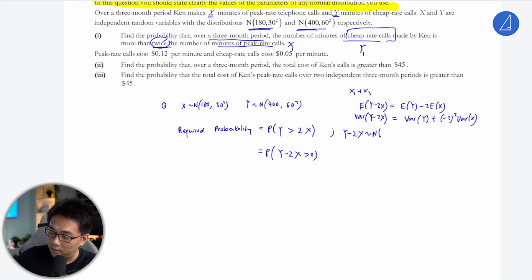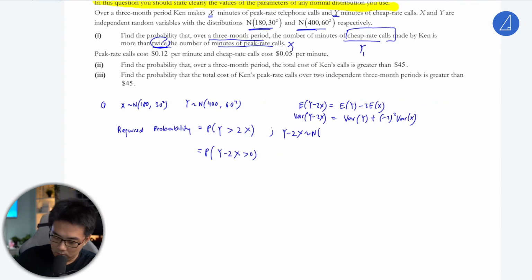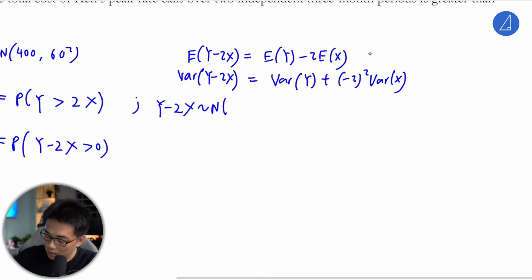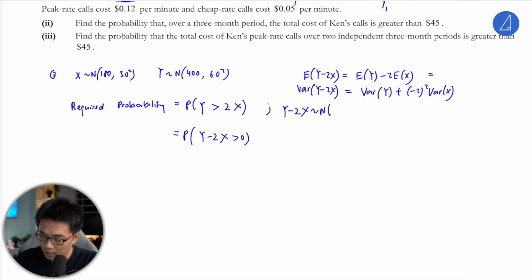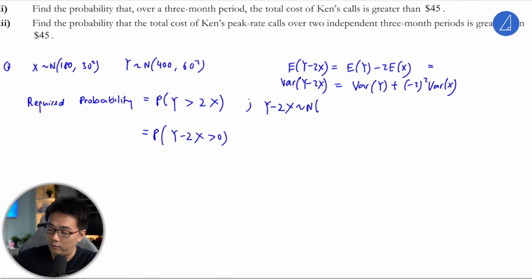I'll leave it here. E(Y) is 400 minus 2 times 180, that will be 40.